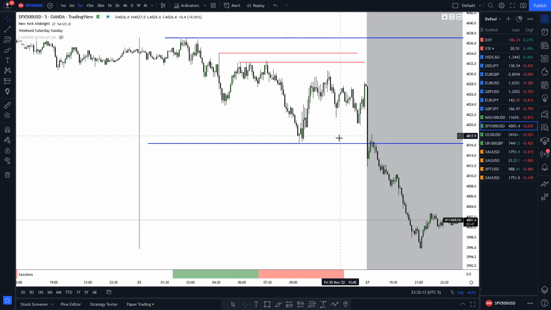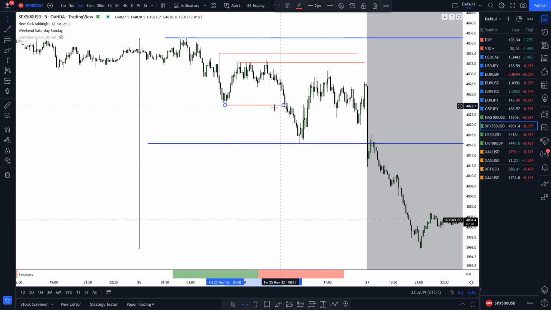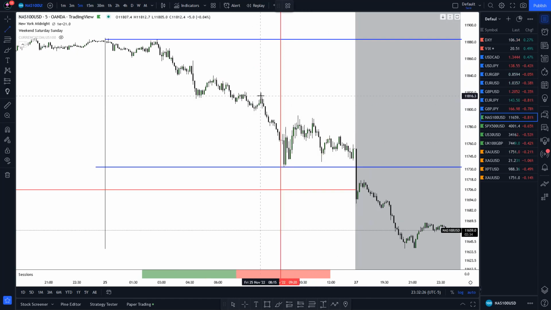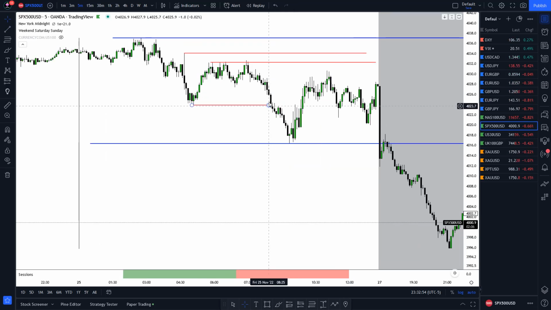So there's a lot more buy-side liquidity since it's being left untouched, since all the sell-side liquidity is constantly being raided. And here on the Nasdaq, all this buy-side would be left untouched and all the sell-side is being taken.